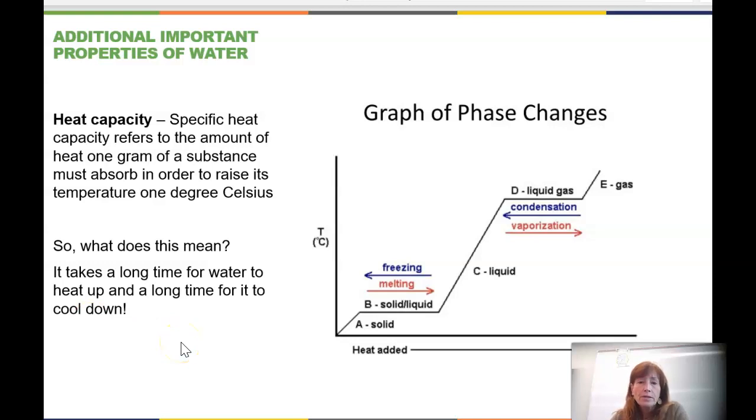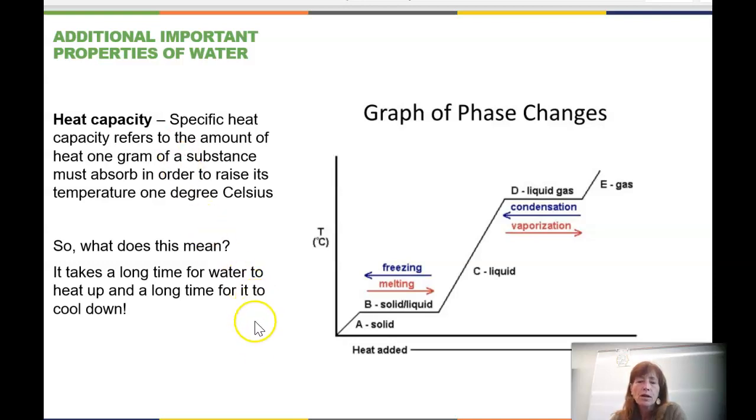Another property of water is its heat capacity. Water is able to absorb a certain amount of heat in order to go up a degree Celsius, and this is what heat capacity's definition is. It's the amount of heat that's necessary for water to go up by a single degree. And it's significant with water. It absorbs a lot of heat before the temperature goes up even 1 degree Celsius.